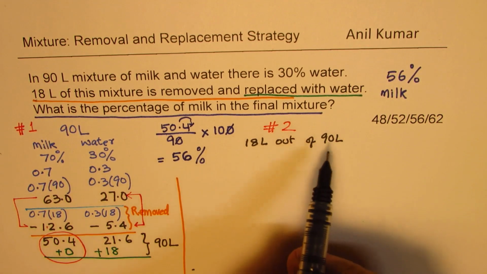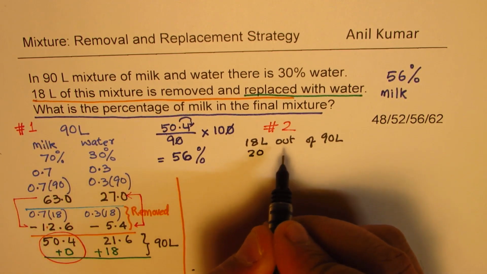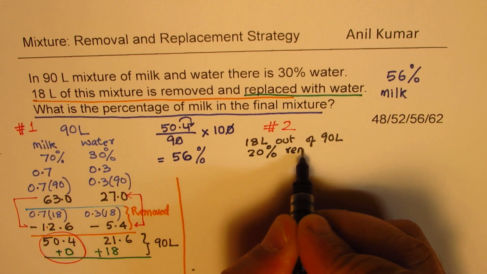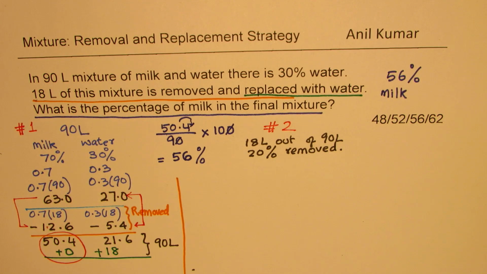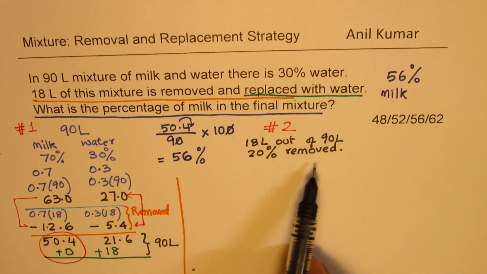It means, see, 10% is 9. It means 20% removed. Do you see that? So that means 20% removed. Does it make sense? So what we have in this situation is that 20% has been removed when we remove 18 liters. Is that clear to you?